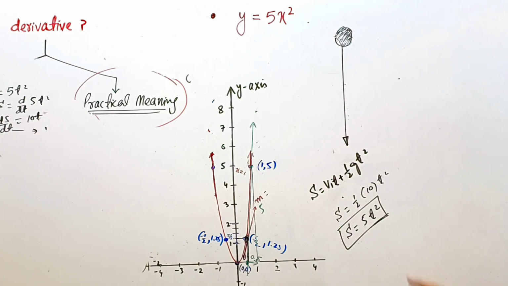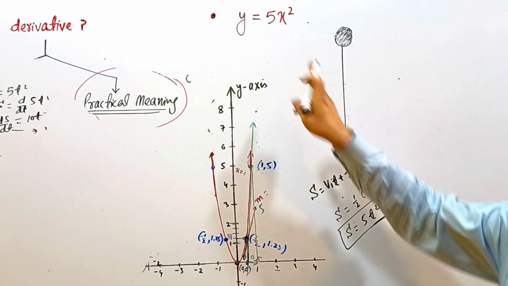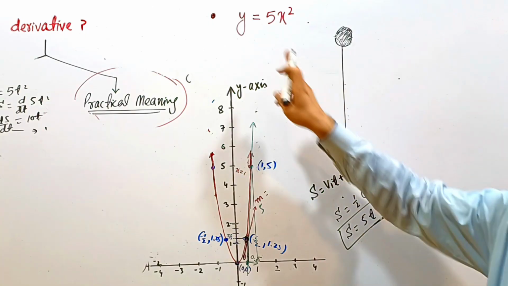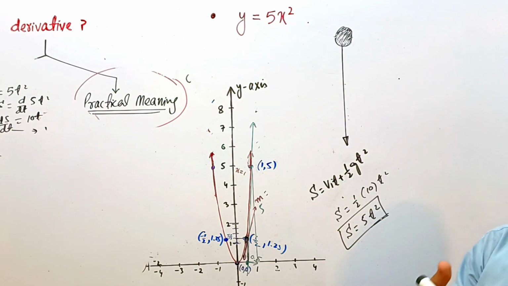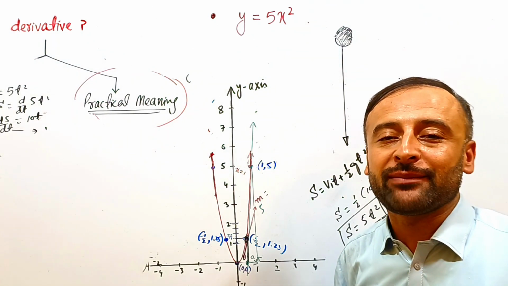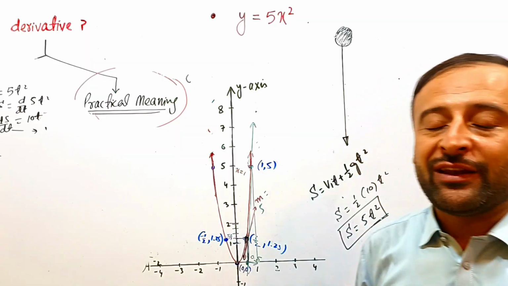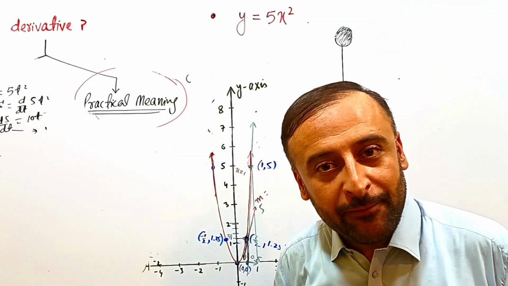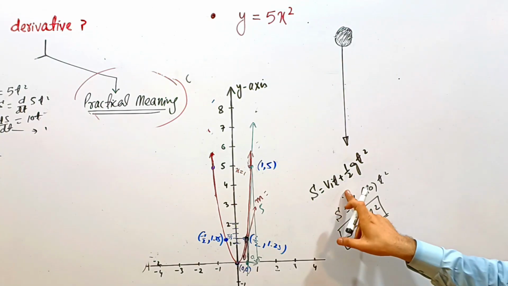Alright students, now compare this equation with that equation. Isn't it representing this equation? I mean x is representing t and y is representing s. Of course, it could represent some other phenomena, but students, remember, mathematics always speaks physics. In physics, we represent physical phenomena. If you compare these two, you will get the point.